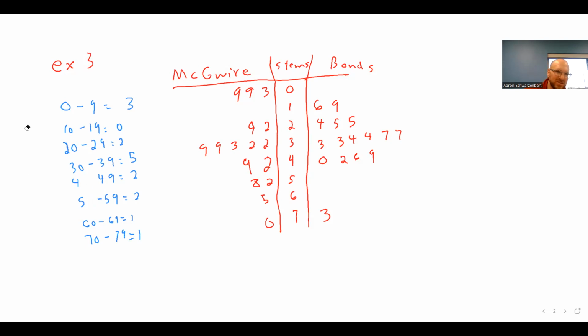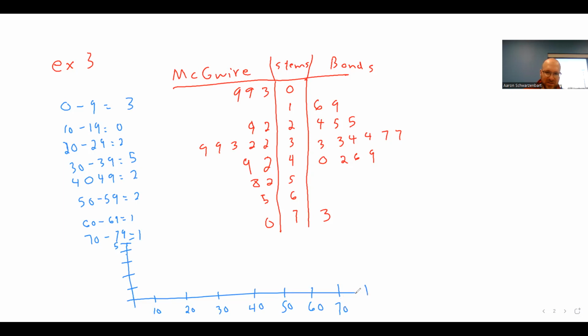I'm going to fix a couple of these zeros and make them a little nicer. So a histogram is going to look like this. We've got 10, 20, 30, 40, 50, 60, 70, 80.